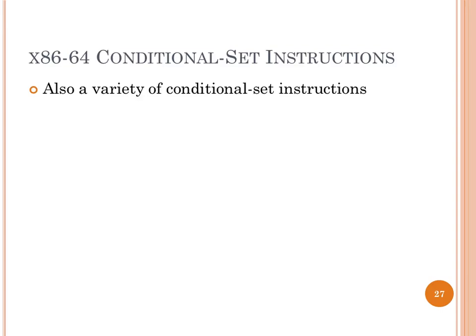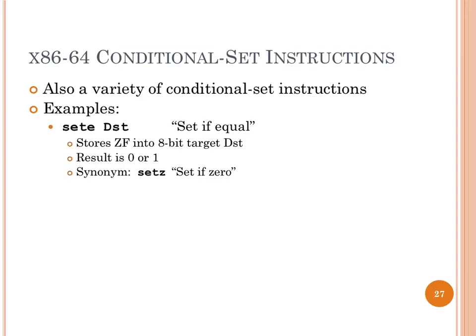Alrighty. Conditional set. I'm going to spend a tiny bit of time talking about these. Basically, these are really helpful when you need to extract the value of a bit from the flags register to do some computation. You will run into this on probably two different assignments where you want to say, hey, what's the carry flag?